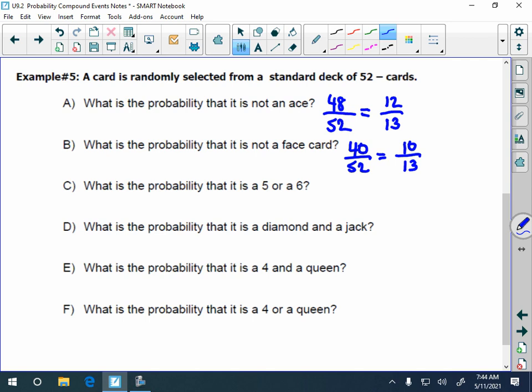What's the probability that the card is a 5 or a 6? So we have the word or in there. So we're going to be adding these probabilities together. So the total number of ways of selecting a card that's a 5, there's 4 of them, plus all the ways to pick a 6, there's 4 of them.